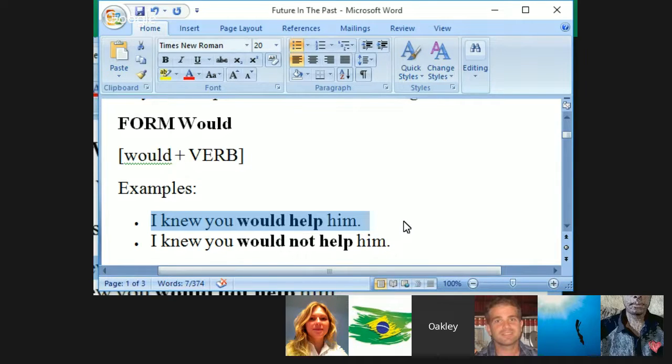I'm talking about something I believed in the past. That's why it's future in the past. Something I believed was going to happen in the future. But I'm saying it now. I'm talking about the past, what I thought. I knew you would help him. So notice the construction. I knew you would help him. The negative: I knew you would not help him.